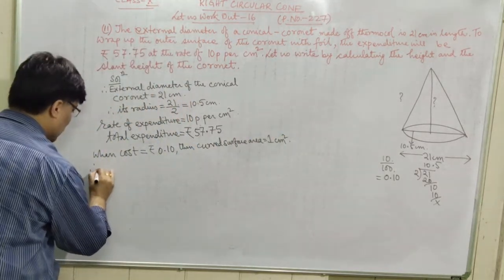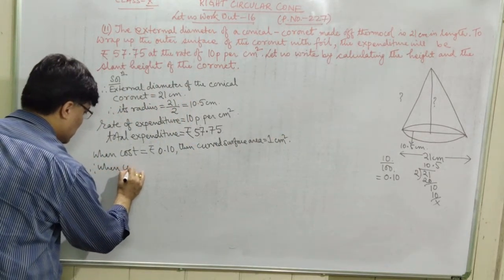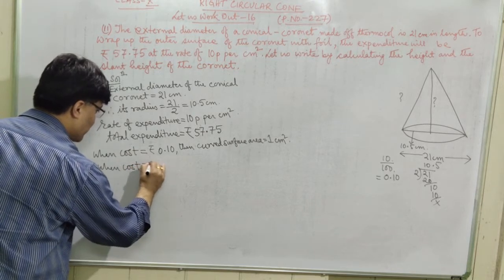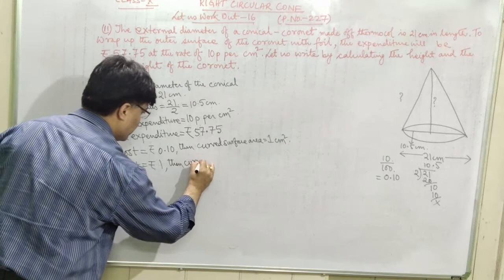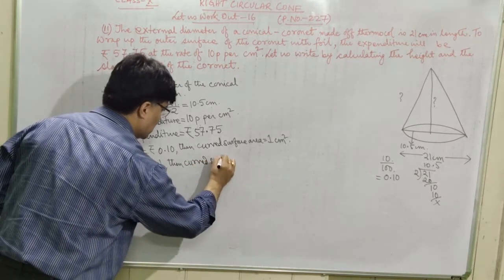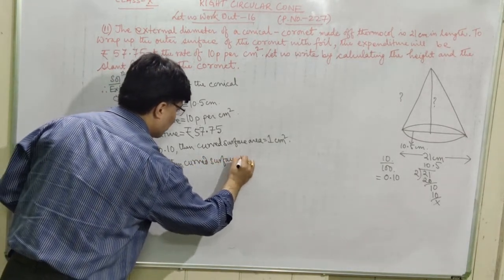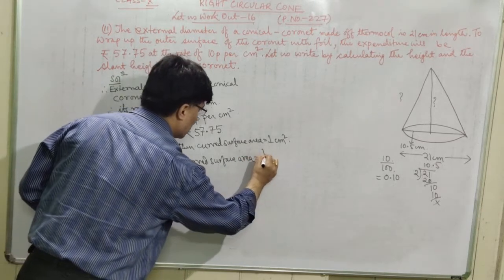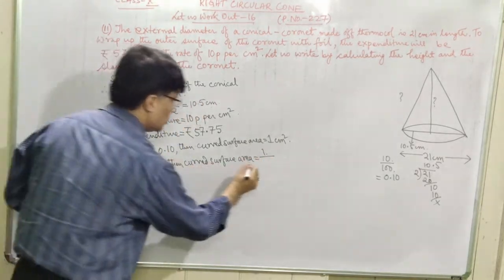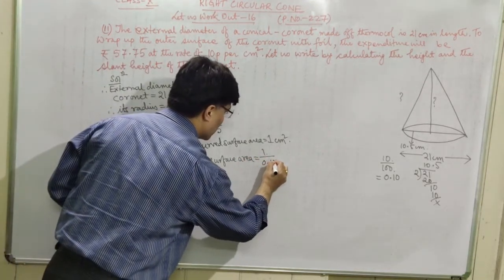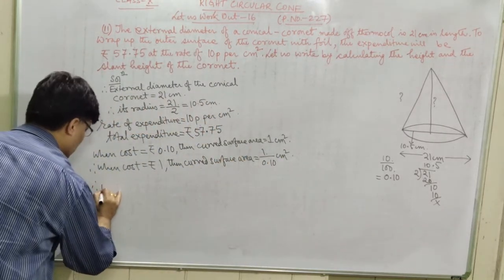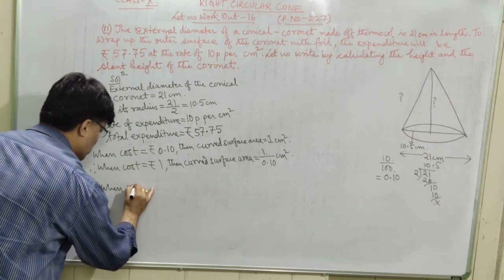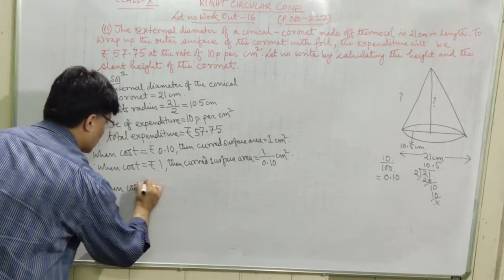Okay. So let us use unitary method. When cost is equal to rupee 1, then curved surface area is equal to 1 upon 0.10 centimeter square. Okay. So therefore when cost is equal to rupees what?